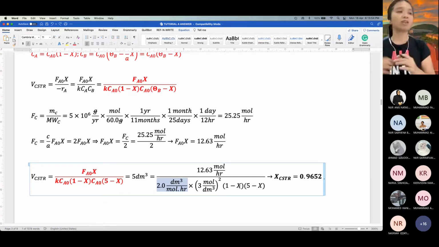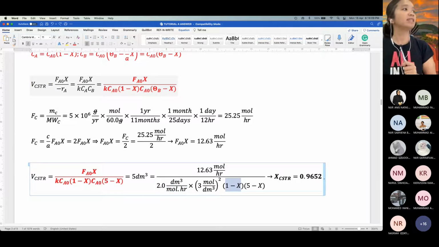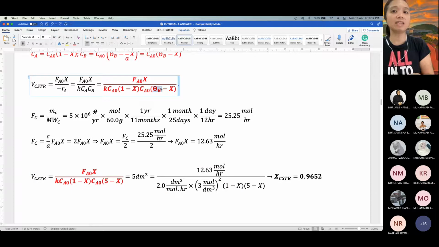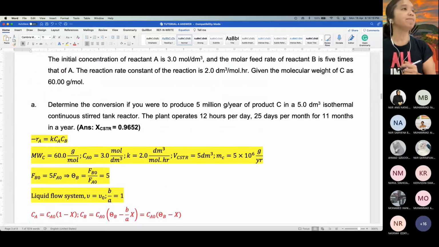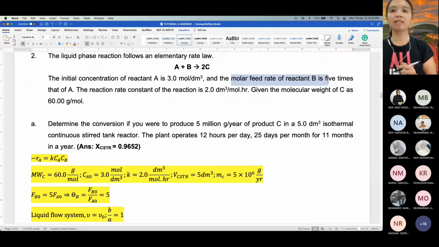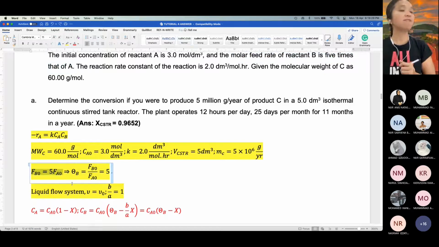So we have to substitute. Okay, let me explain the part for theta B. The equation says CA0 is 3. CA0 appears again, so twice, that's why CA0 to the power of 2. We leave 1 minus X as it is. Here we can see there is a theta B. So how do we find theta B? I haven't explained yet how to find theta B. In the question, if you remember, the information says the molar feed rate of reactant B is 5 times that of A. As I explained just now, this means FB0 equals 5 FA0.